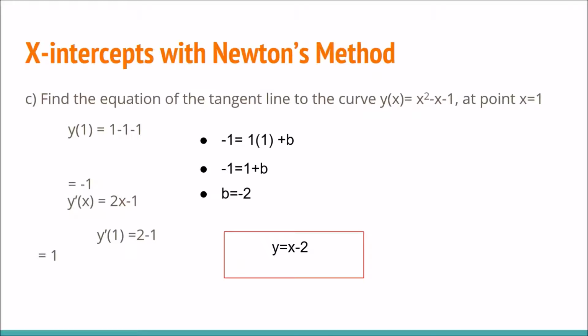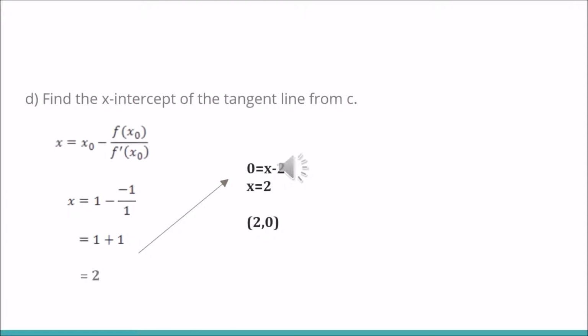Putting in -1 for y, 1 for m, and 1 for n gives -2. So the equation of the tangent line is y equals x minus 2. Now we use Newton's method to find the x-intercept of the tangent line we found.